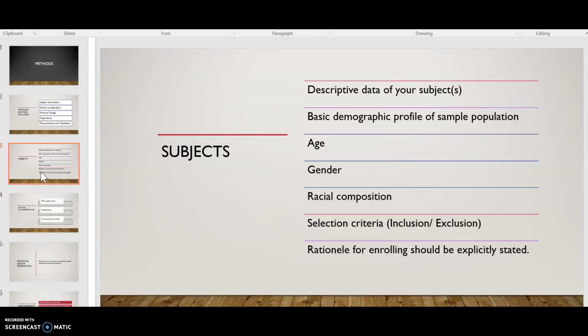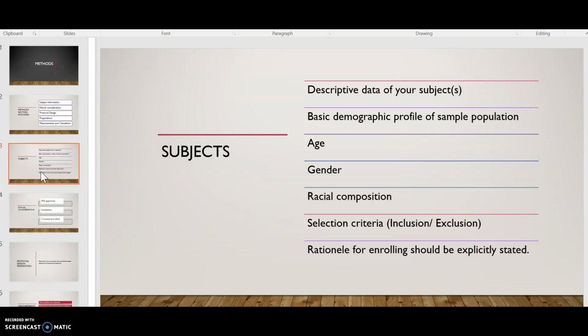The next aspect that you're going to include is your inclusion and exclusion criteria, because remember, this is generally a large scale study looking at a large population. You should have inclusion and exclusion criteria for how you picked your subjects for this study.